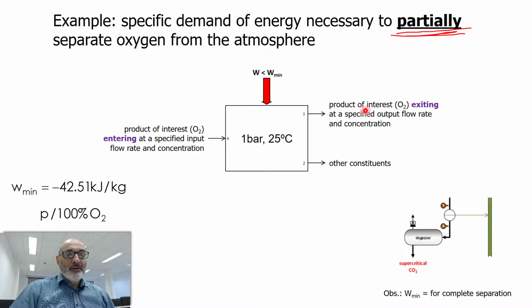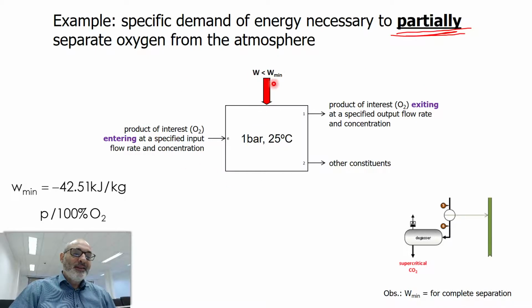Our product of interest, we will allow it, at its corresponding exit, to flow at a specific flow rate and concentration. Those are parameters that we can play with. And the other exit, all other constituents. So that's the calculation that we're going to do now.